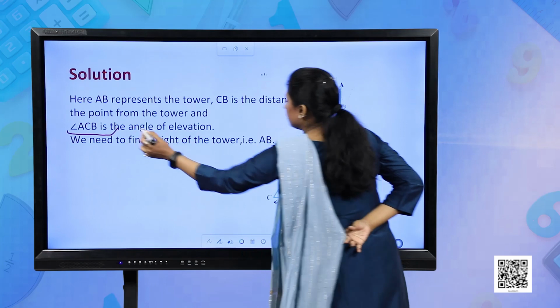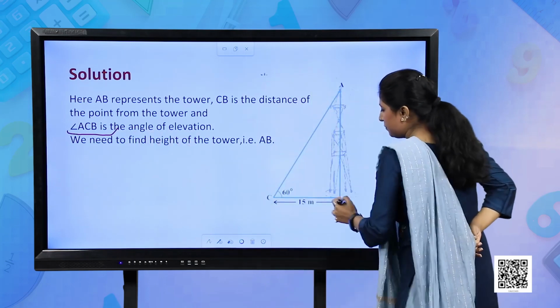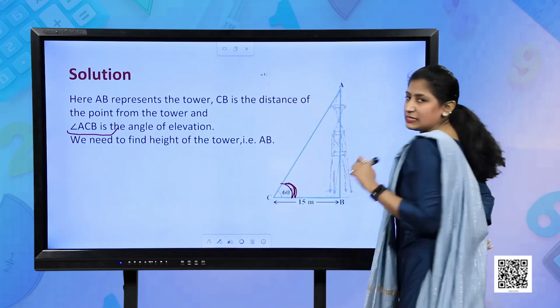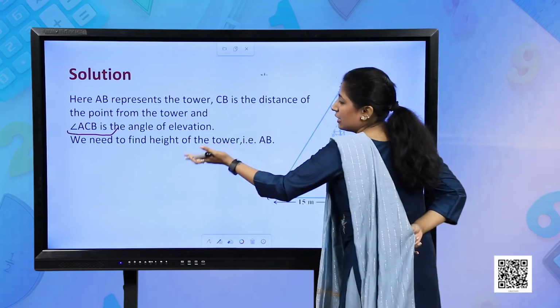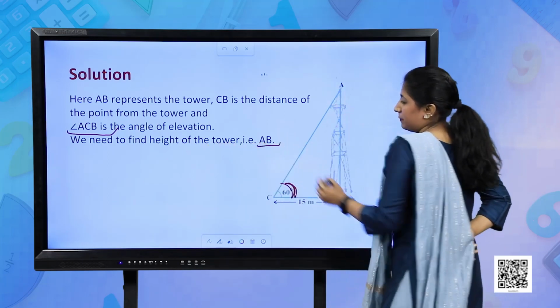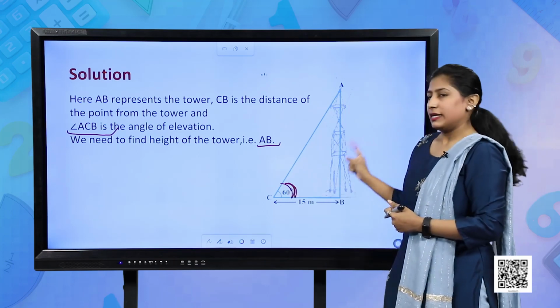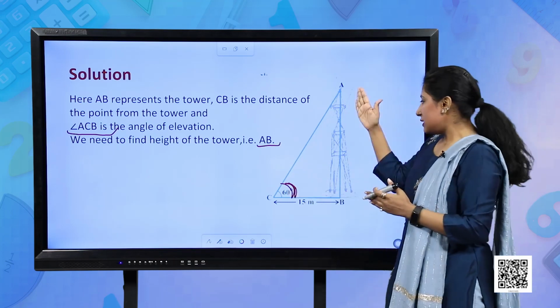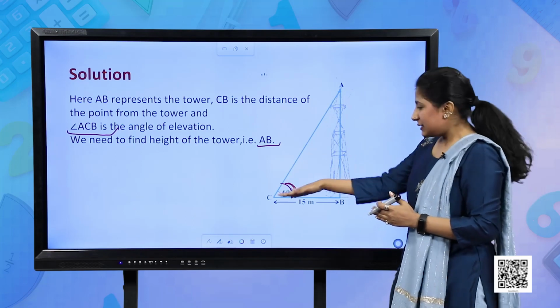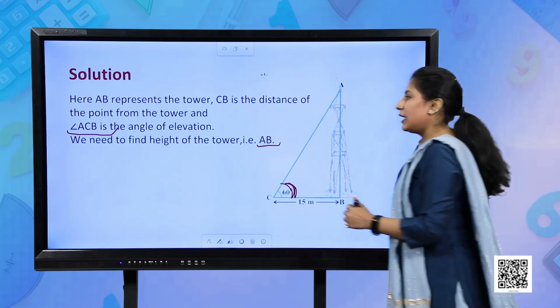See, angle ACB. This is 60 degree. We have to find height of the tower, that is AB. So in this triangle, this angle and these two sides, how will they be related? This is perpendicular, this is base and this is one angle.